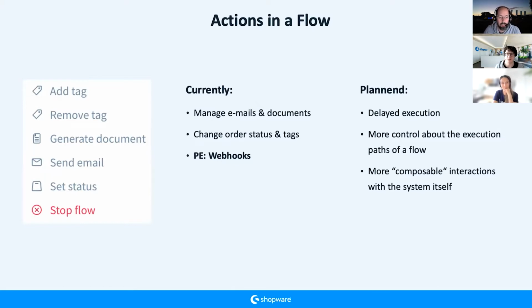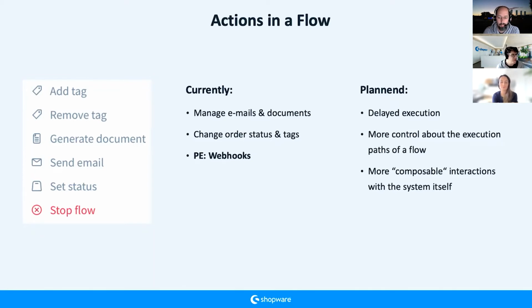You can manage documents you want to attach to those emails and manage the creation of, I don't know, order receipts and invoices and something like this. And of course, you can change the order status now in a flow. That's quite interesting because you have more control over the actual order status and transition flows. So it's not a manual task anymore, or something that we have defined in Shopware. You can define different order statuses based on your flow and your conditions. So you have a lot more control over this.